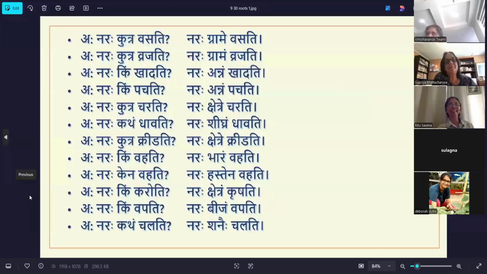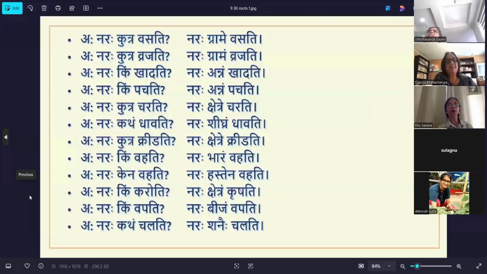Even so, you see, if he is carrying a weight, something heavy: Nara Kena Vahati. Now see, Kena we are learning here new. Kena is in which case ending?